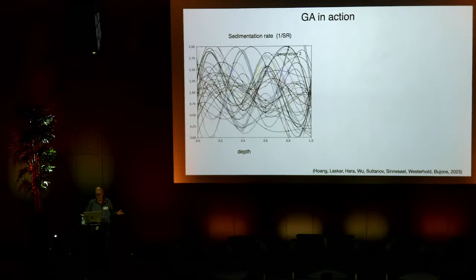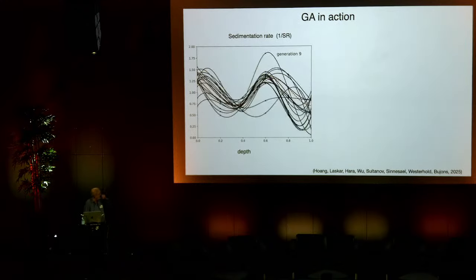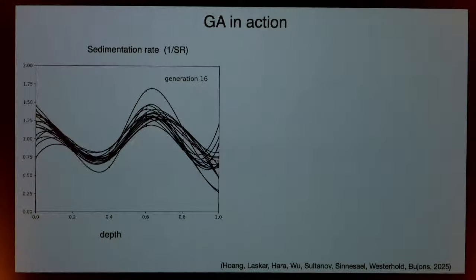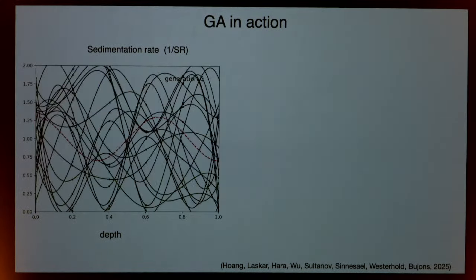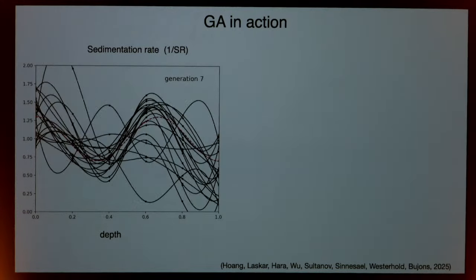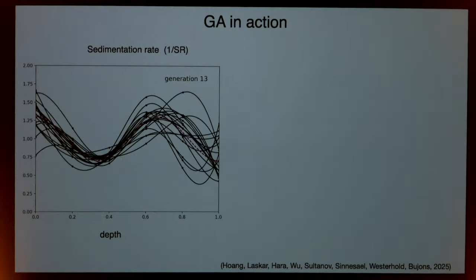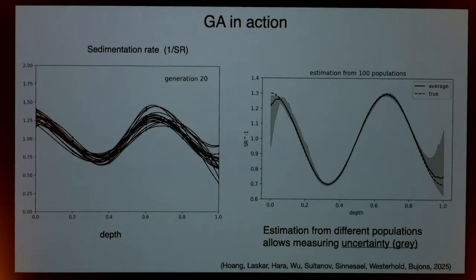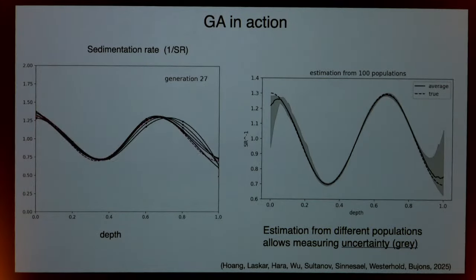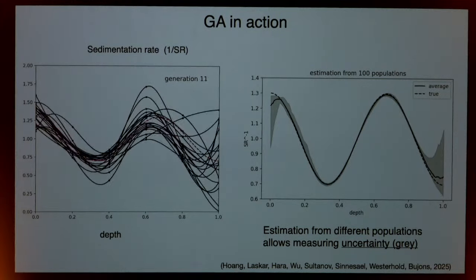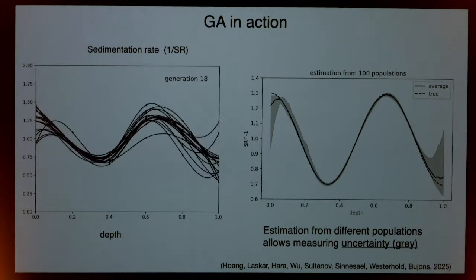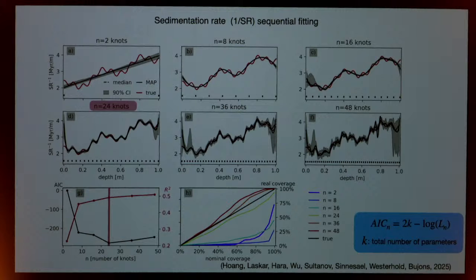This is done by the genetic algorithm, which searches for the best curve that would fit the sedimentation rate, and then sees if the small model fits the data well. At the end, we recover in a very precise way the varying sedimentation rate, and so we are quite happy. We can do that with varying forms of sedimentation rate. We retrieve them, and we have the uncertainty.